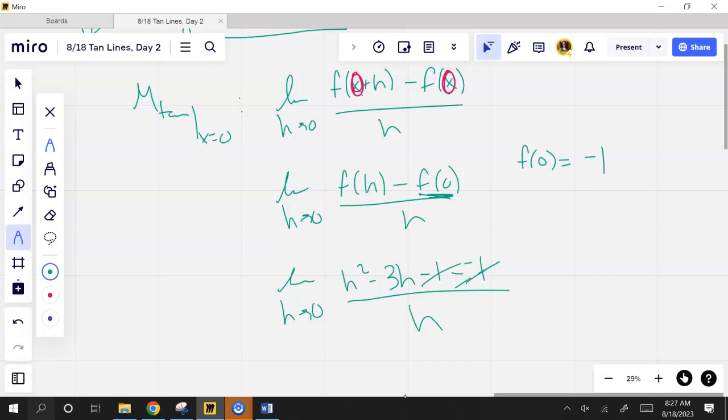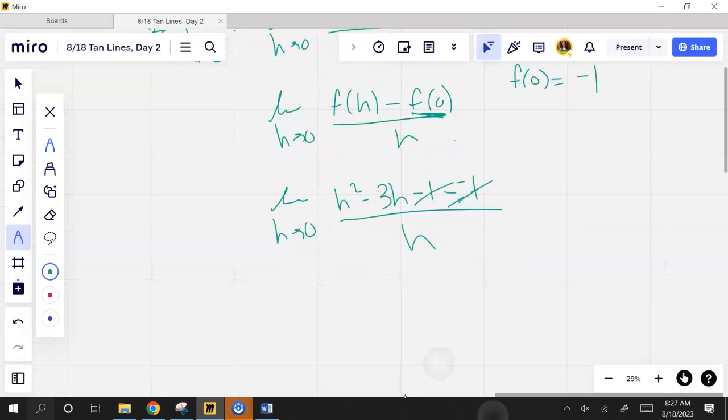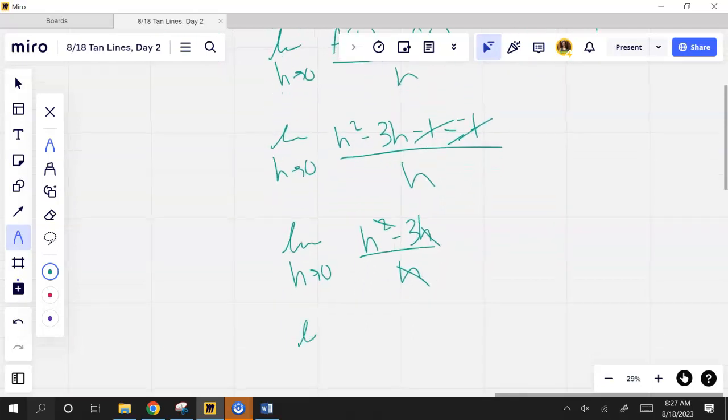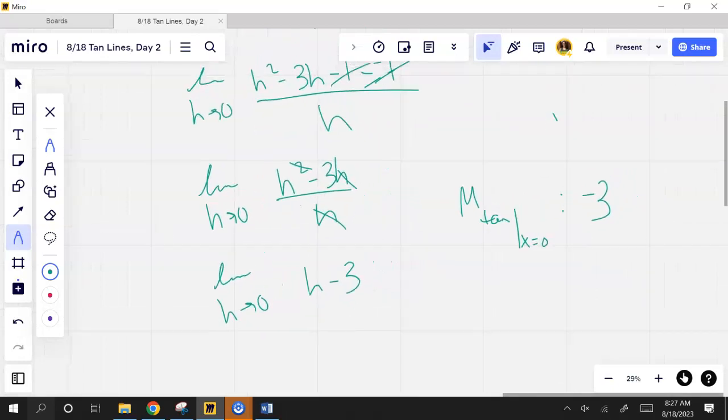These are gone, right? Boom, boom, boom. What's the slope? Remember, f of 0 we said was negative 1, so I got y plus 1 equals slope times x.